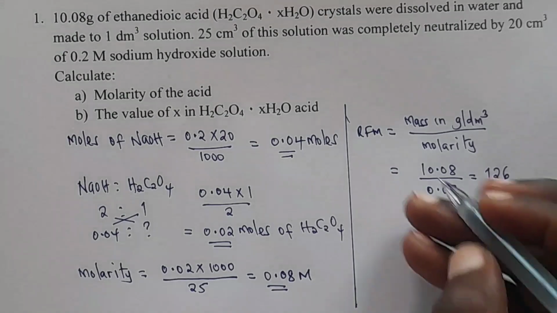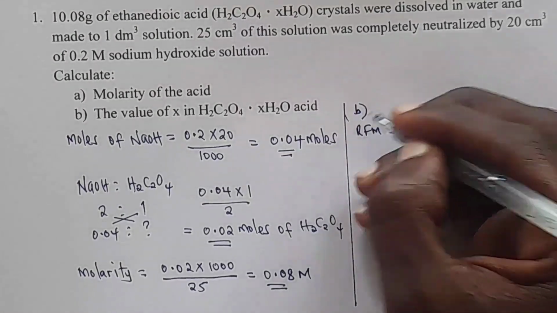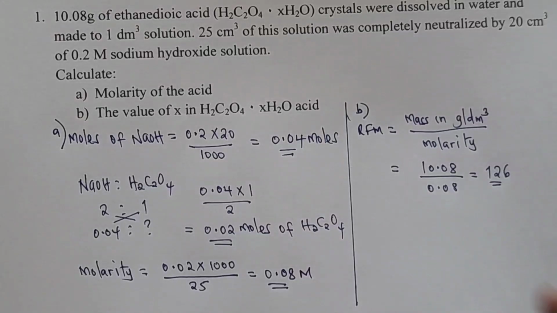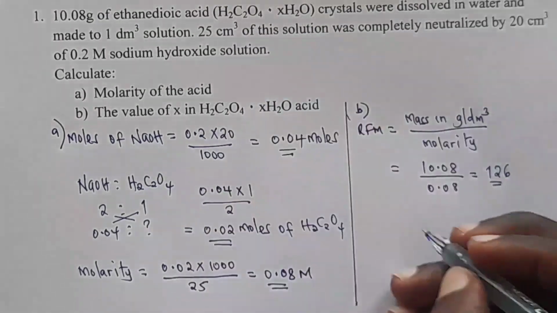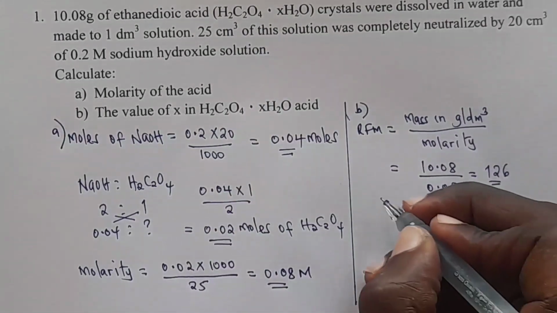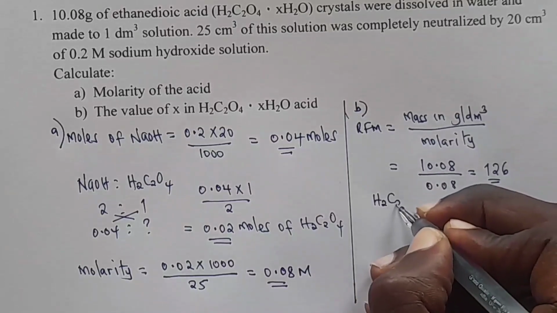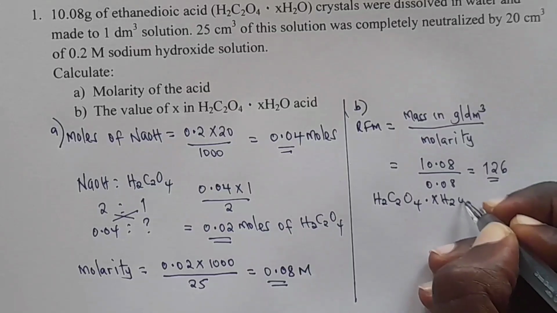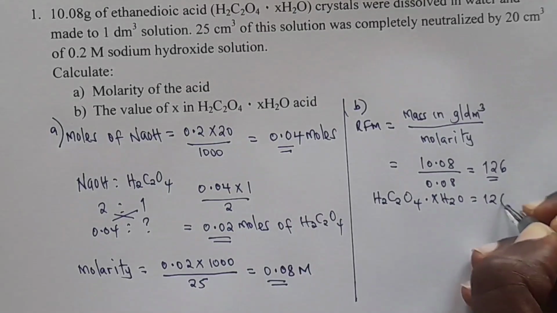So we say this is part B and this was part A. We say the formula for that ethanoic acid crystals is H2C2O4.xH2O. All of this will be equal to 126.